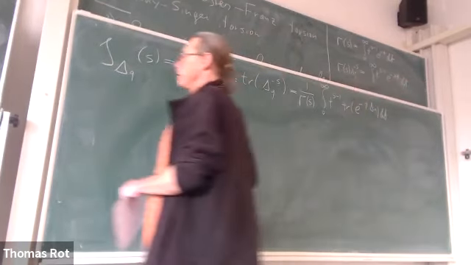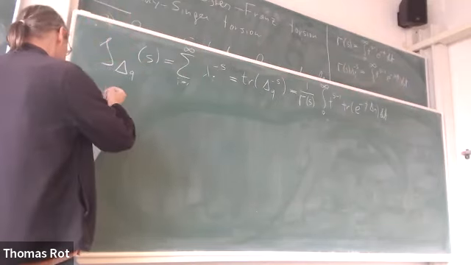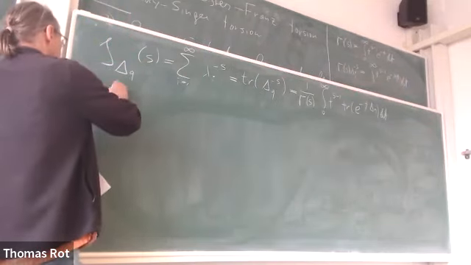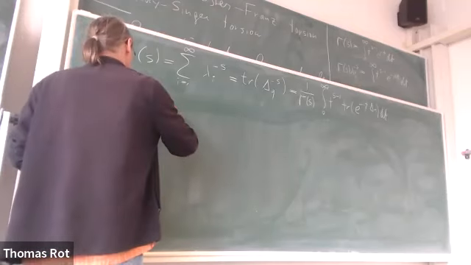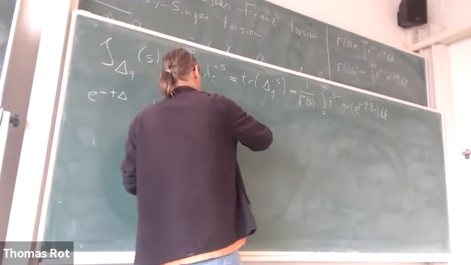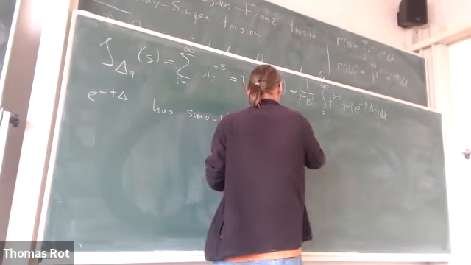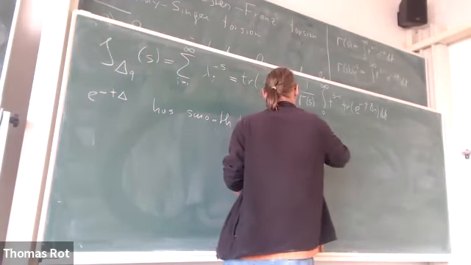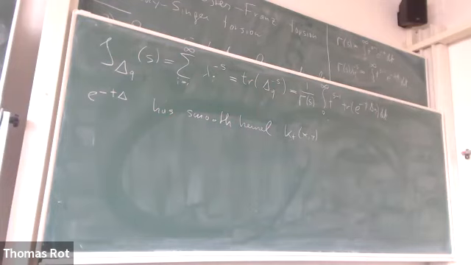And now there is a lot of analysis that enters at this point. This operator e to the power minus tB, the heat operator, has a smooth kernel in x and y. So that is known.